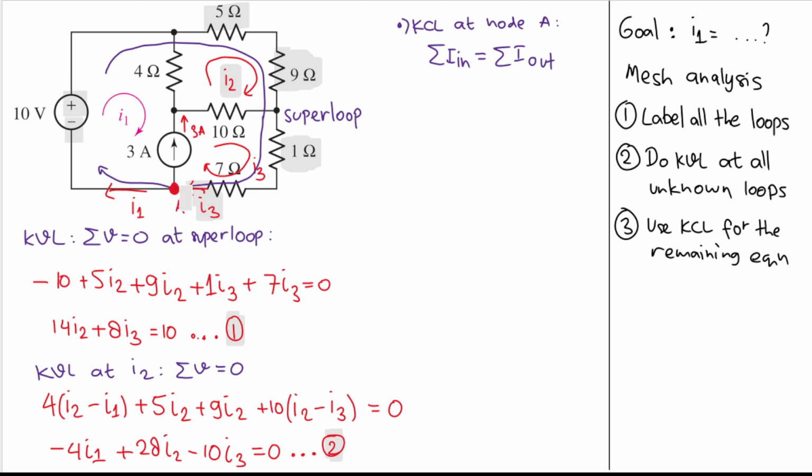So I will have I3 here, and that will equal the other two currents going out, which are 3 ampere, so I will have 3, and I1 goes there, so we will have 3 plus I1. Let's move I1 to the left-hand side, so I will have minus I1 plus I3, and that will equal 3. Let's have this here as equation number 3.